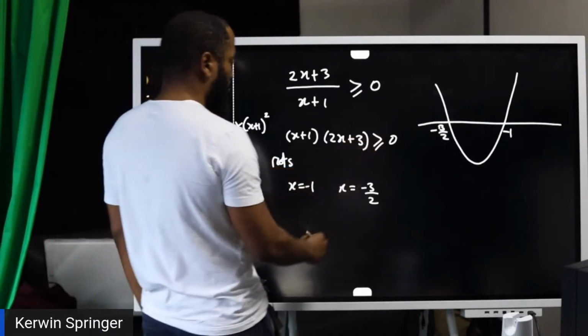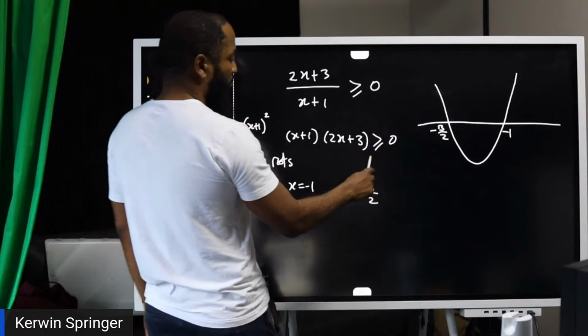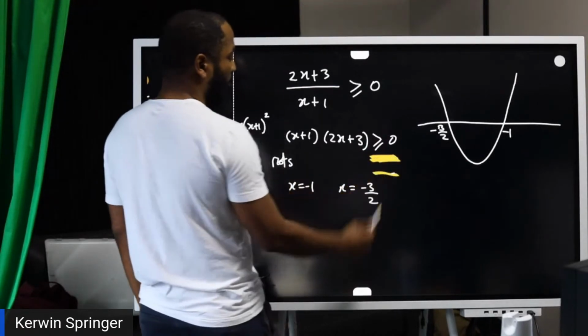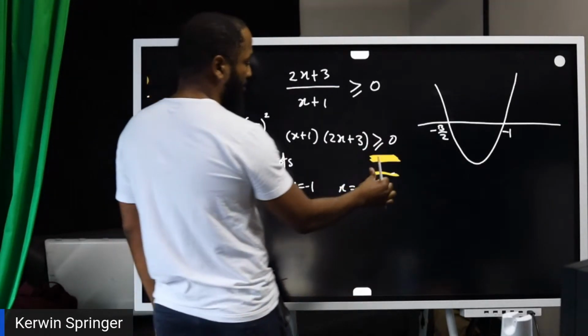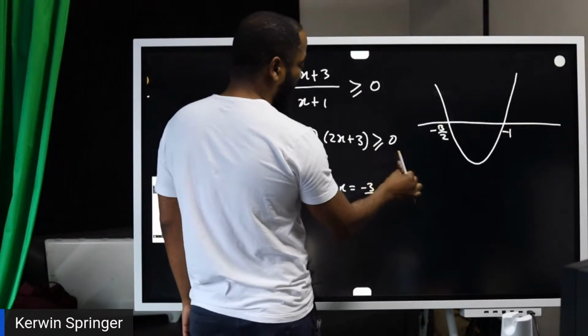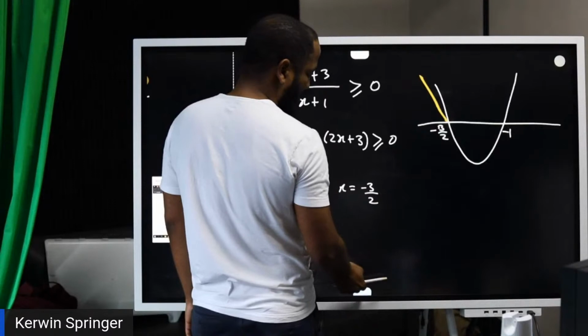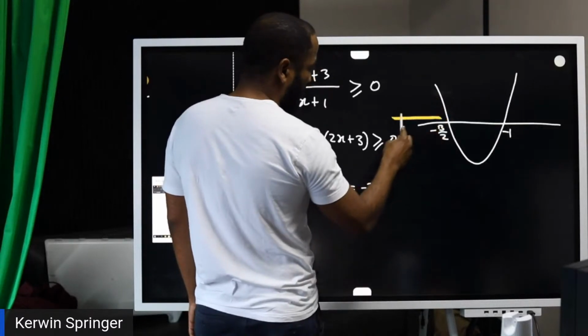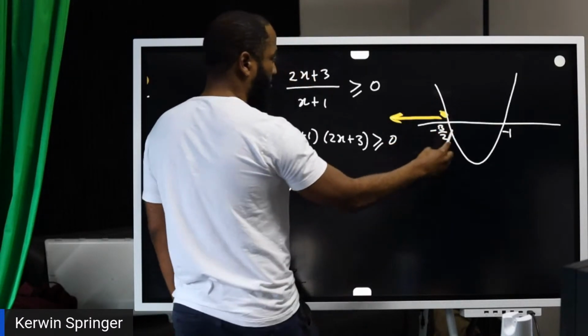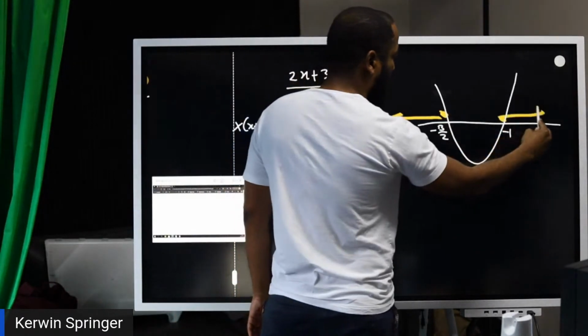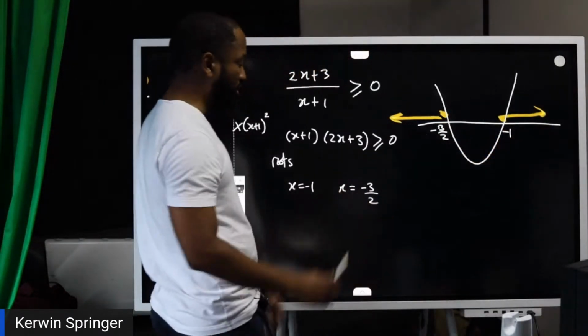So you put your roots, and now you want this to occur where the function is more than or equal to 0. This function is more than or equal to 0 on this side of things. So as we go this way, it's more than or equal to 0 from that spot, and as we go this way, it's also more than or equal to 0. 2 separate locations.